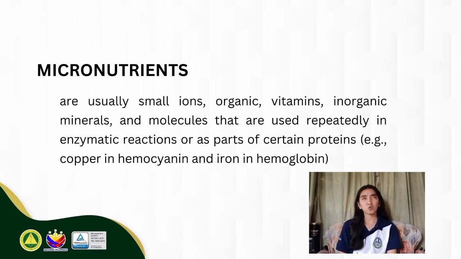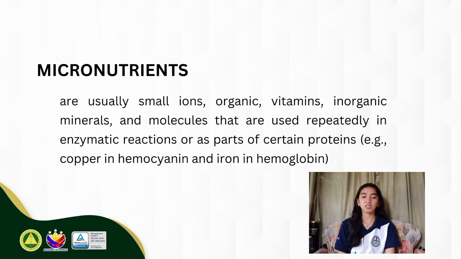Micronutrients are usually ions, small ions, organic vitamins, inorganic minerals, and molecules that are used repeatedly in enzymatic reactions or as parts of certain proteins. For example, yung copper in hemocyanin and iron in hemoglobin.